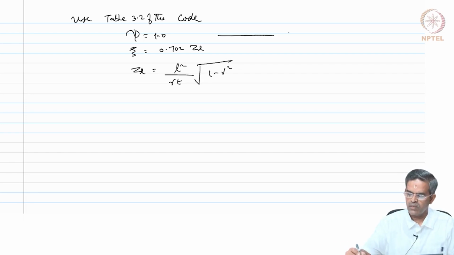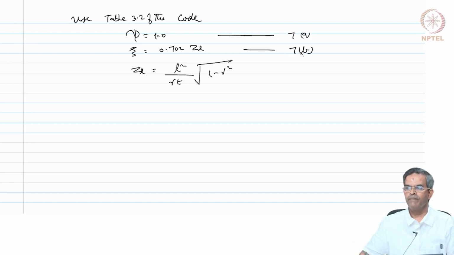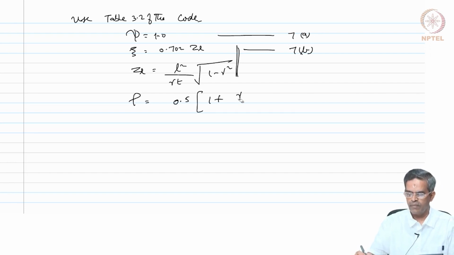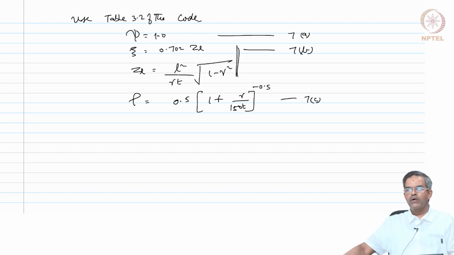We call this equation 7A, this 7B, and rho is given by 0.5 times (1 plus R by 150 T) to the power minus 0.5. We call this 7C.